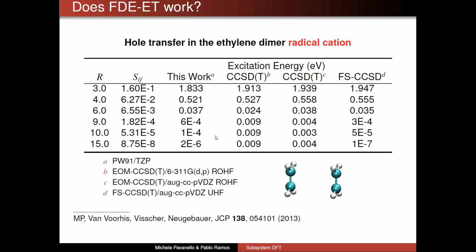Clearly, when you constrain the charge only on the left, you generate a state that is completely symmetrical with respect to the state of constraining the charge on the right. So they will have the same energy. The site energy in this case will be degenerate, but the coupling will be responsible for the fact that in going from the ground to the excited state of this radical cation, you essentially go from a wave function that is completely symmetric to a wave function that is completely anti-symmetric.